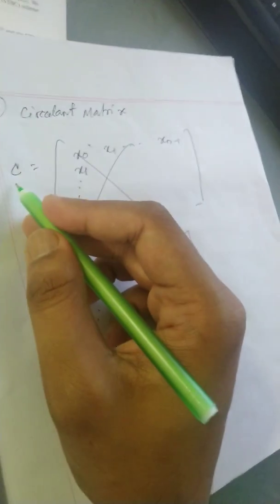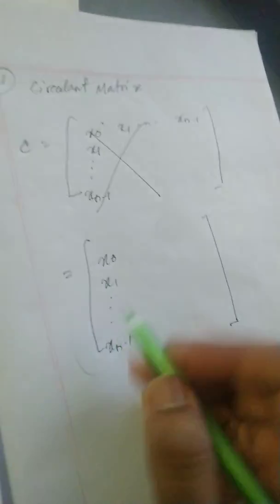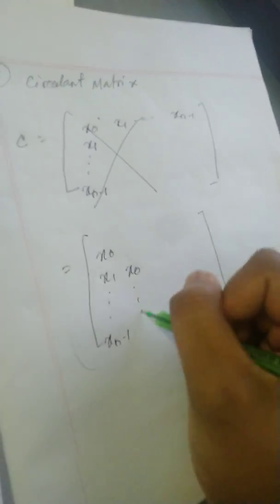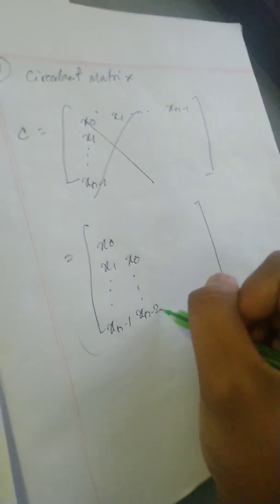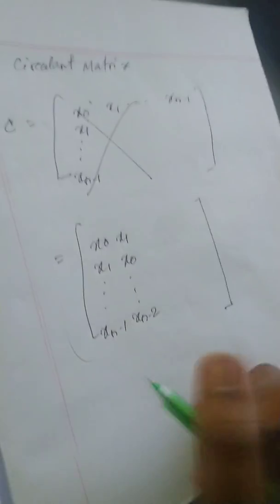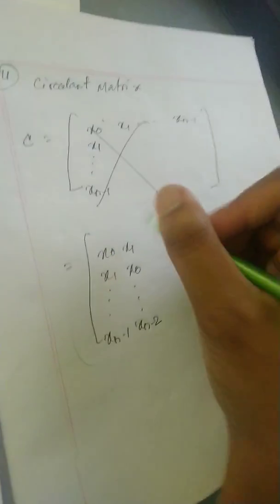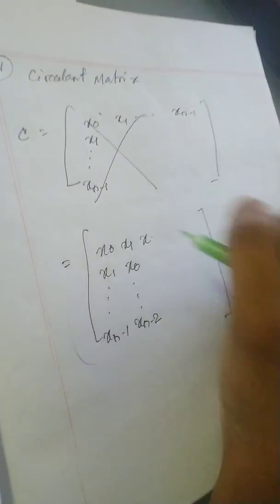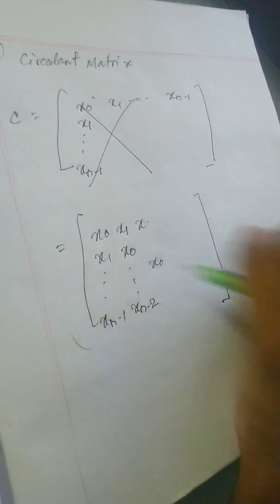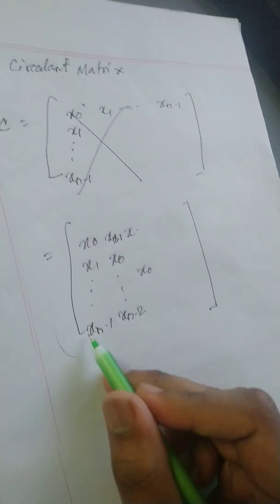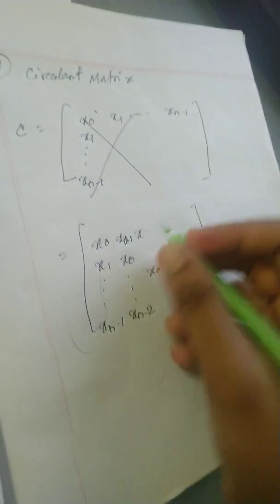For a matrix to be circulant, the second column is just the right shift of the first column, the operation we just saw. The last element, x n minus 1, will be rotated back to the first position.